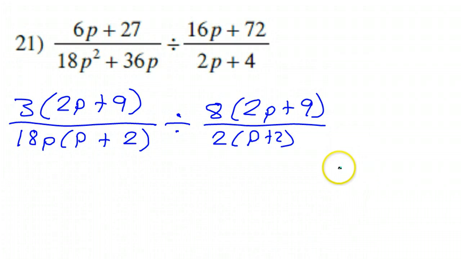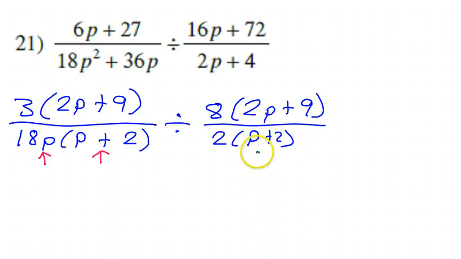So the restrictions. The numerator of the first fraction doesn't contribute to the restrictions. But this is going to give me a restriction, and this is going to give me a restriction. In the second fraction, neither one of these parts is allowed to be 0.